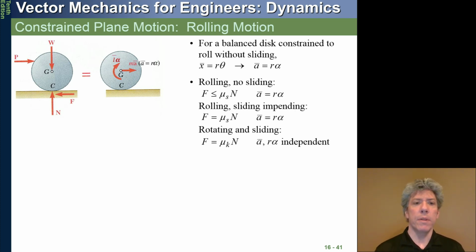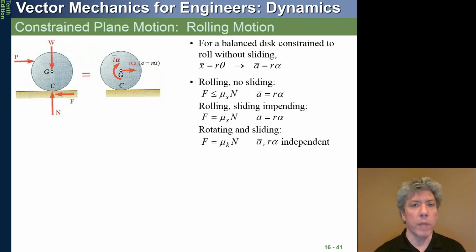Now, if the disk is rolling without sliding, then that means that the friction force that's being applied is less than the friction coefficient times the normal force between whatever surface this is and the bottom of the disk. And in that case, there is a relationship between the linear acceleration and the angular acceleration of the disk.